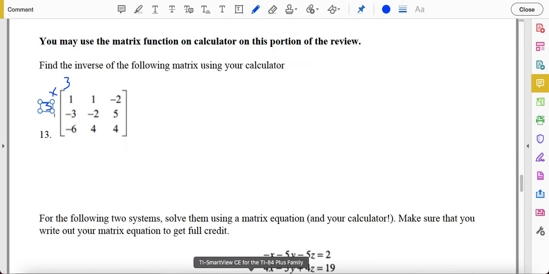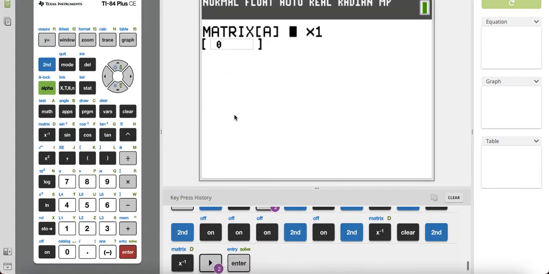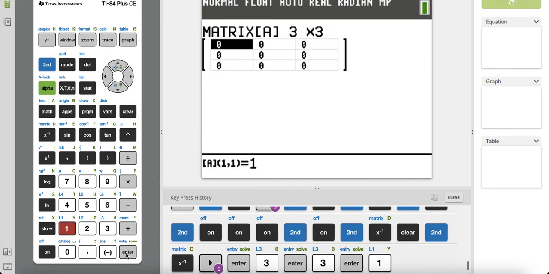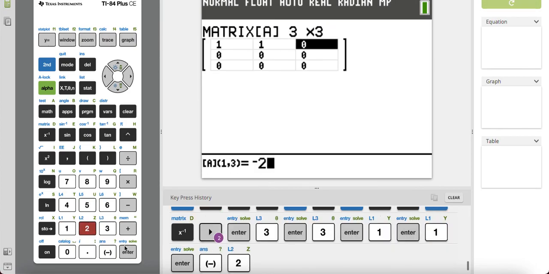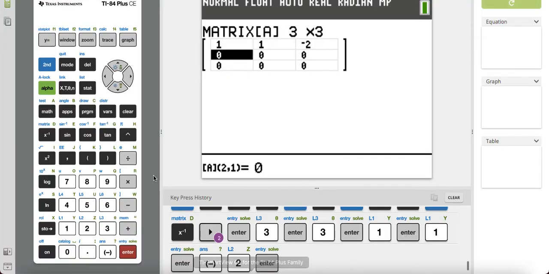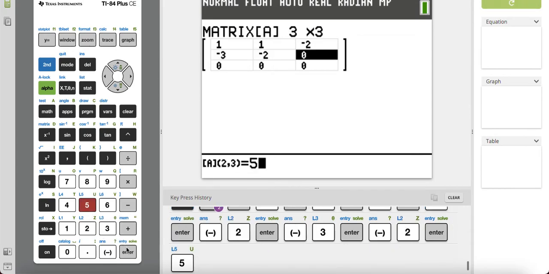So let's do it. It starts as 1, 1, negative 2. It goes negative 3, negative 2, 5.